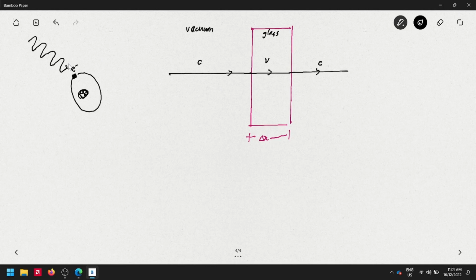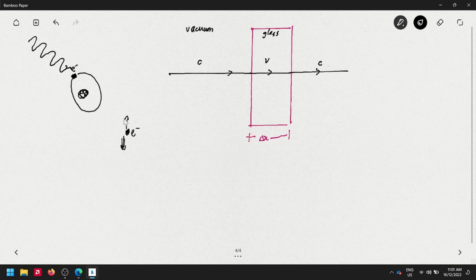So the electron, once it receives the light, will also oscillate with the light. Because light is an electromagnetic wave, the electrons will oscillate up and down because of that. Do you agree with me?